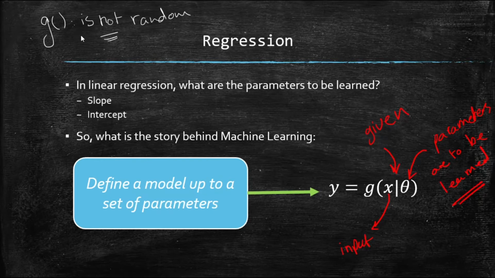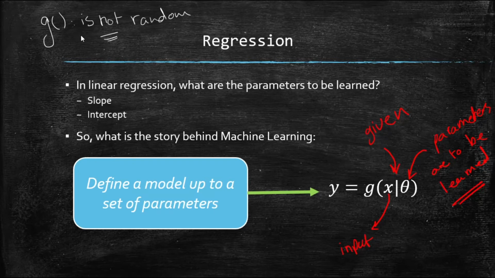It means that we believe that there is no randomness here. It's not like for a given X we could have any type of Y. It's not like for a given engine capacity we could have crazy astronomical car prices or very, very low car prices at the same time. So there is a pattern, there is a rule there, right?